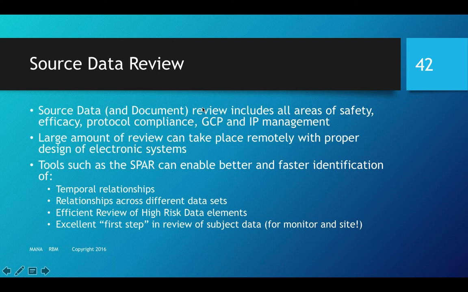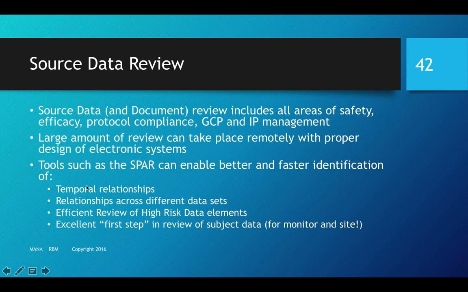And that's one of the values of this, that no one is waiting for somebody to go out to a site. You can look at the data as it is. Yes, you will still have to check some things out at the site depending on your protocol, but the vast majority can be reviewed remotely, and you can start that review right away, which is what we're really focusing on.